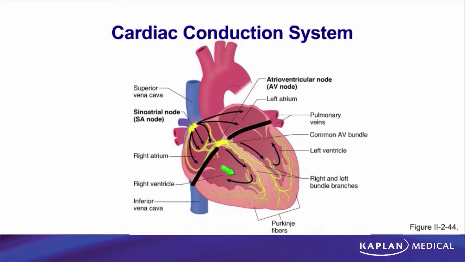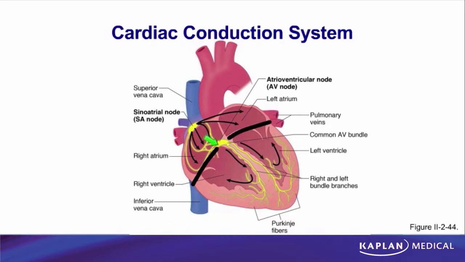We want ventricular systole to occur a little bit after atrial systole to allow the filling of the ventricle to complete. So when the atrium contracts, it will force blood into the ventricle to finish the filling of the ventricle before the ventricle contracts. So what we want is the ventricles to contract at the same rate as the atrium, but not at the same time. We want there to be a little delay. So how do we accomplish that?